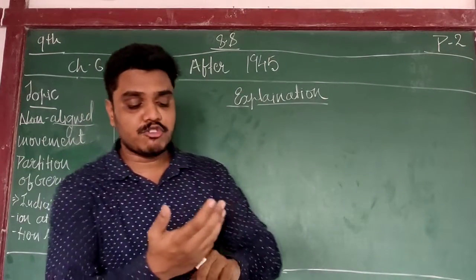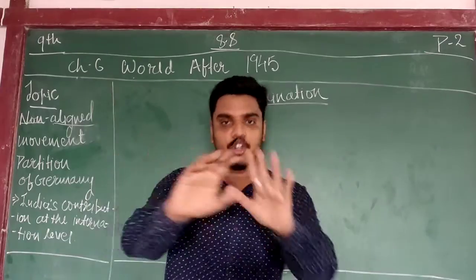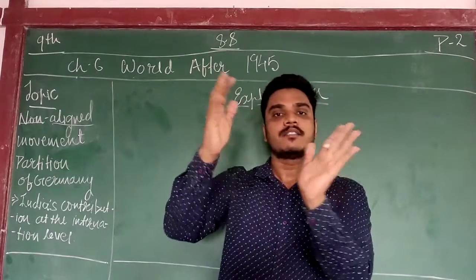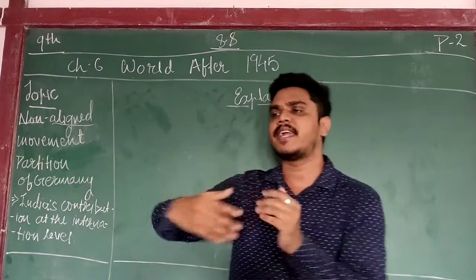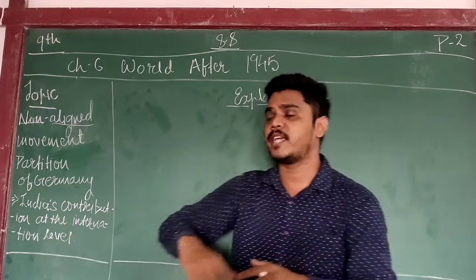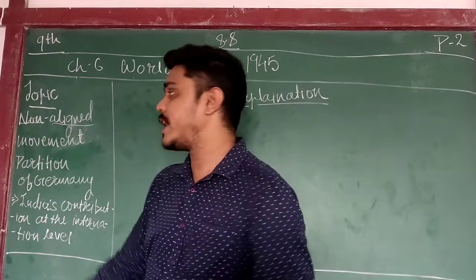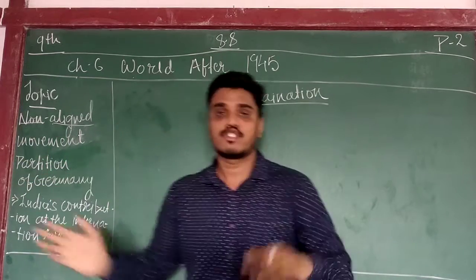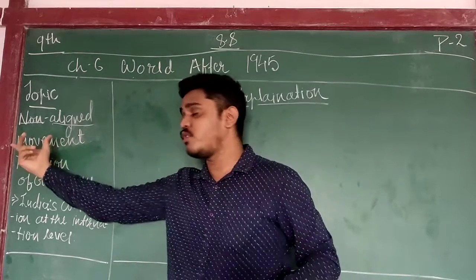Make sure that you write the presidents' names and the countries that participated. Not all the 23 countries, but some of them taken randomly, like India, Indonesia, and Egypt, and write their presidents' and prime ministers' names, and say 23 countries of Asia and 6 countries of Africa participated in the non-aligned movement. So this was the initial point of the non-aligned movement.